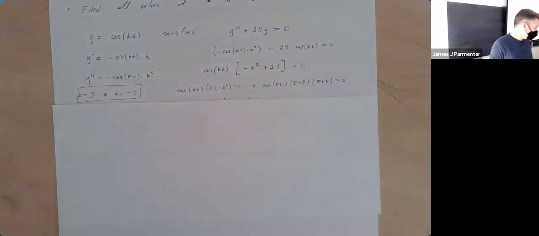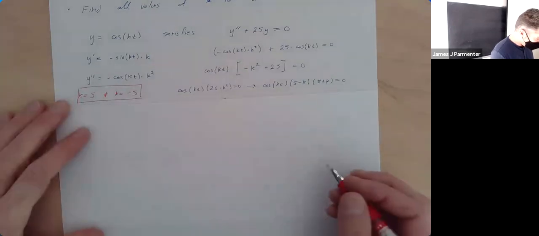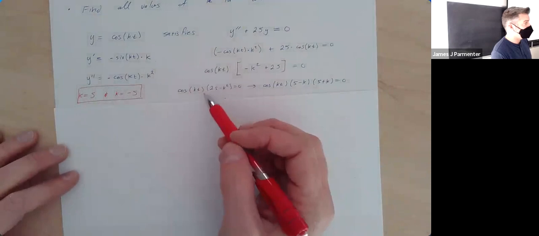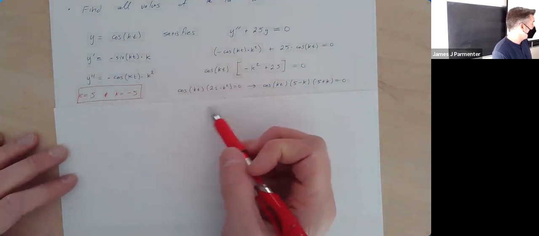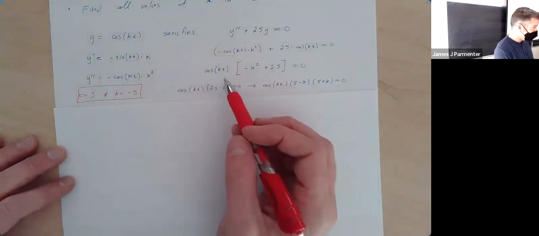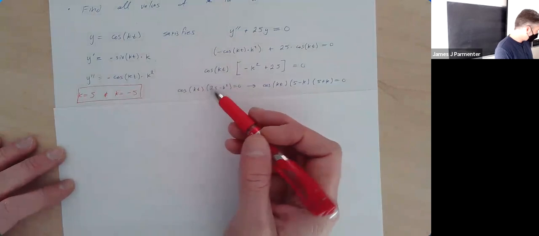That kind of question could potentially come up in question 3 of your homework assignment. Because if it were sine of kt instead, then k being 0 means sine of 0 times t is sine of 0, which is always 0. So if this was sine instead of cosine, k equals 0 would be a solution as well.